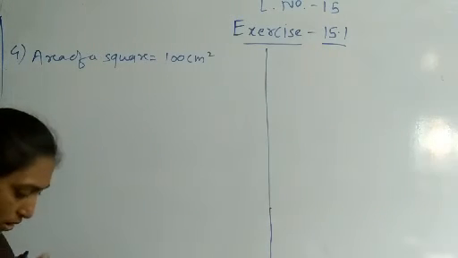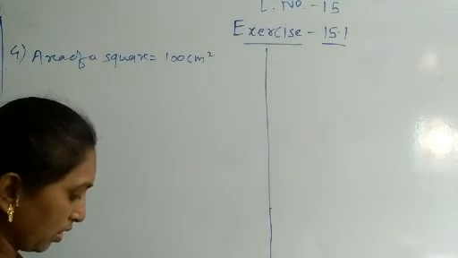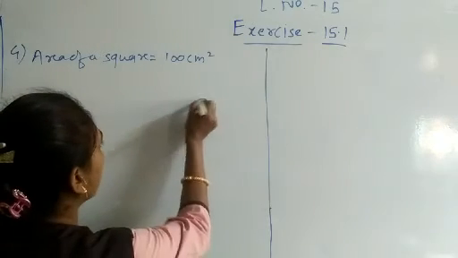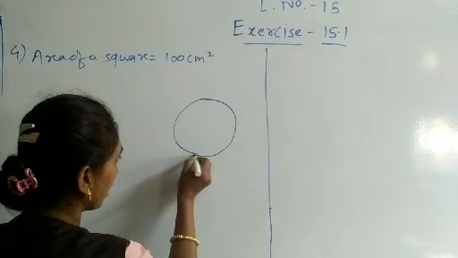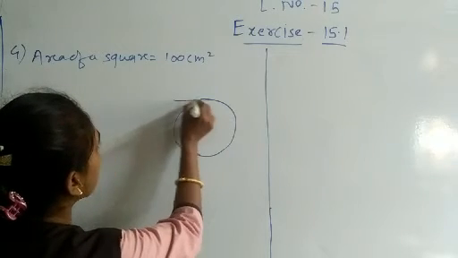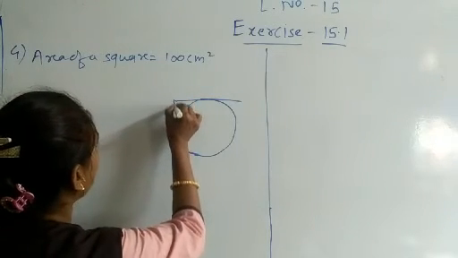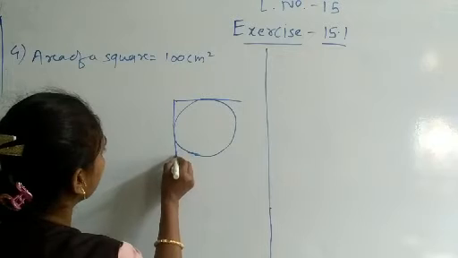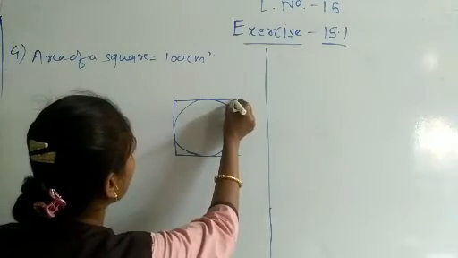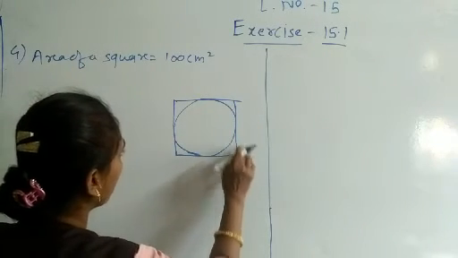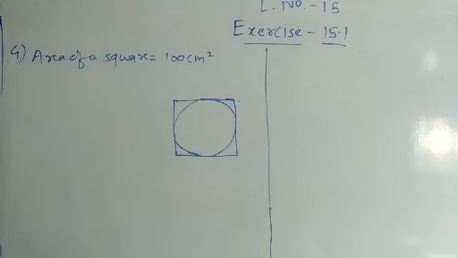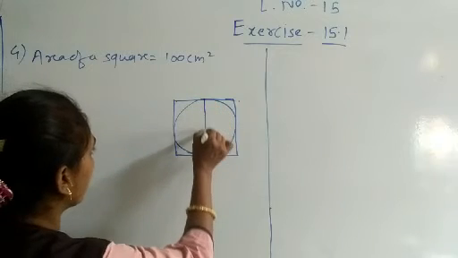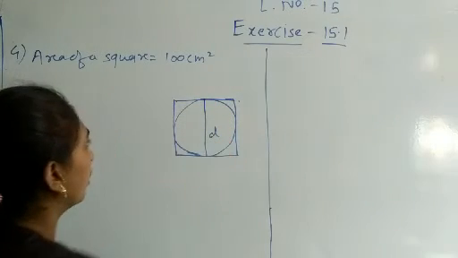The circle touches all sides of the square, which means the circle is inscribed in the square. In this question we have to find the radius of the circle. But how to find it? Look at this, we draw a diameter. This is the diameter.